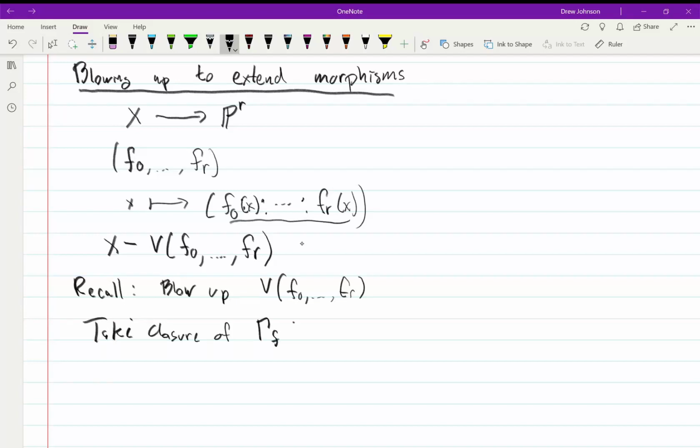And what's the graph? The graph is the map from X to X cross PR that takes a point x to x, comma, and then the same map that we had before. Okay, and of course this is again X minus the vanishing locus of f0 through fr.